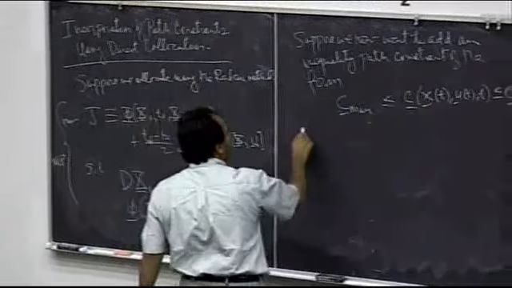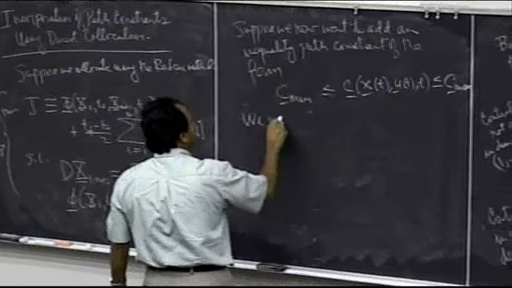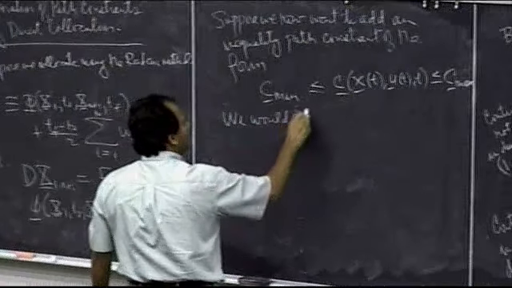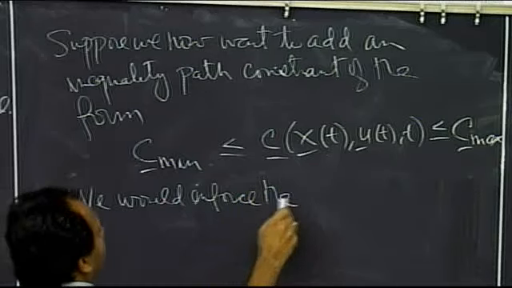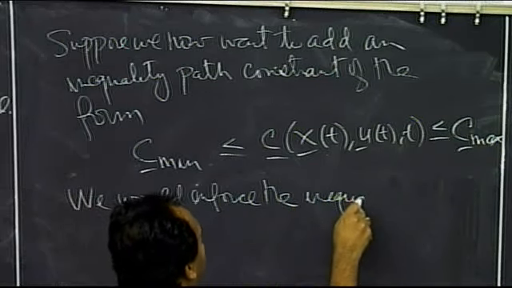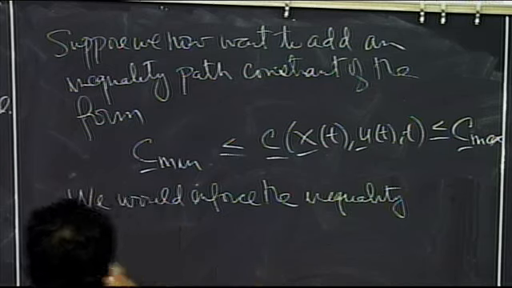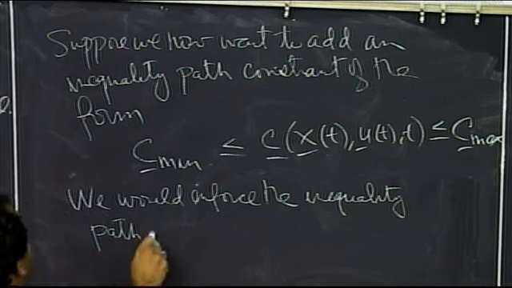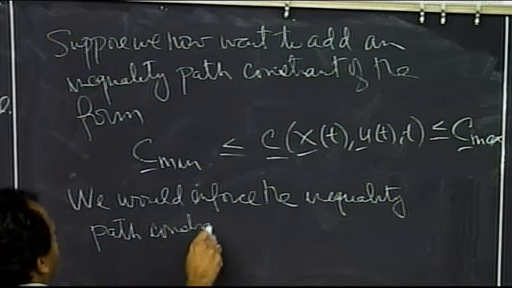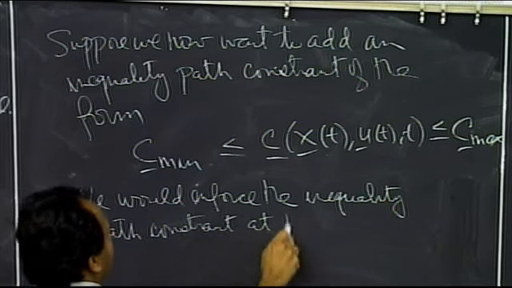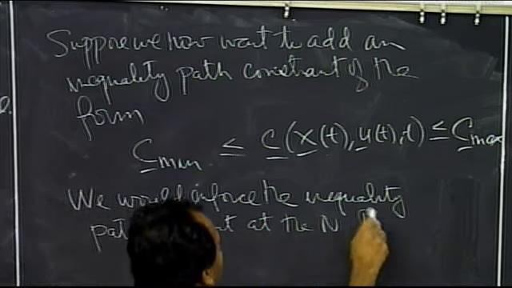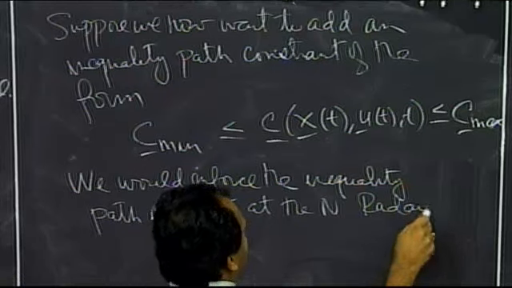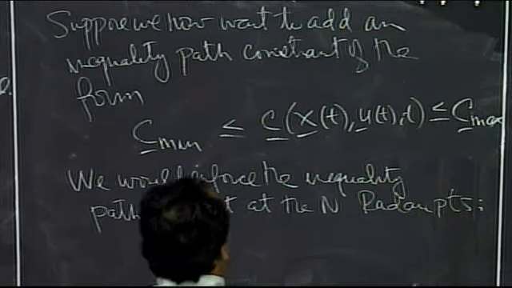So we would enforce the inequality path constraint at the n Radau points, which would look like this.